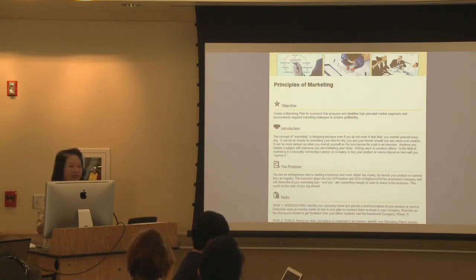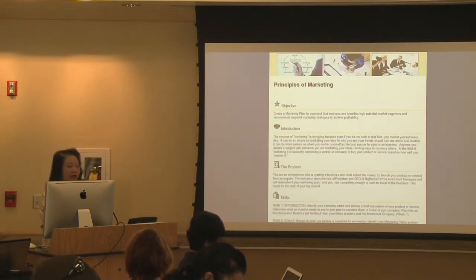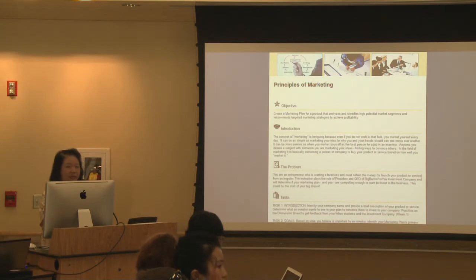So they'll be using the Laulima Forum tool to give their idea, for example, of their customer profile that they think they want to go after for their product based on the product's strengths and weaknesses. And they need to get feedback from other students and then adjust their plan based on that feedback.